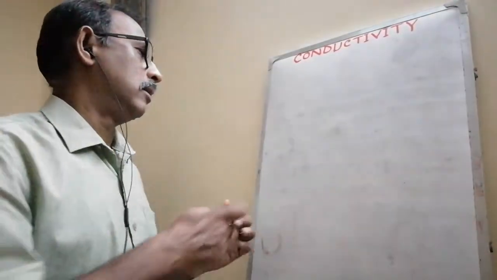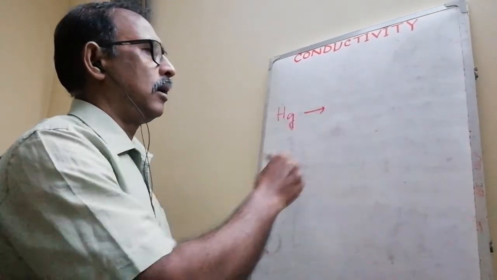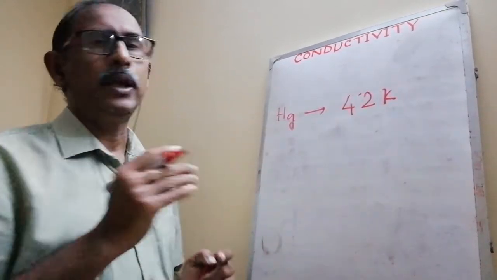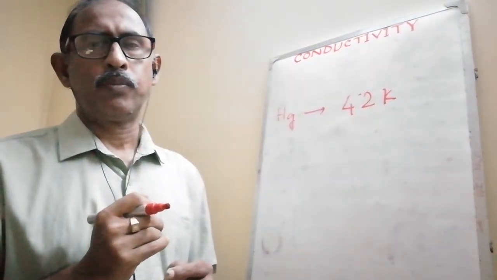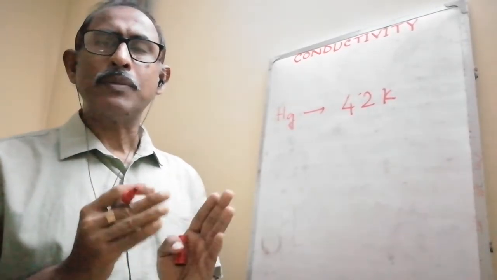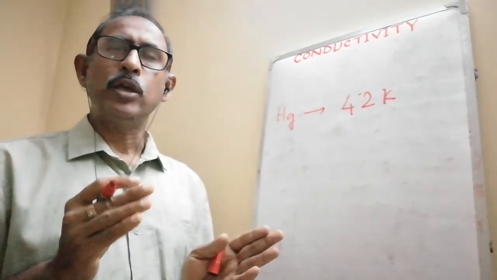For mercury, Hg, nearly at 4.2 Kelvin temperature, its resistance becomes very, very low and it is used as a superconductor.